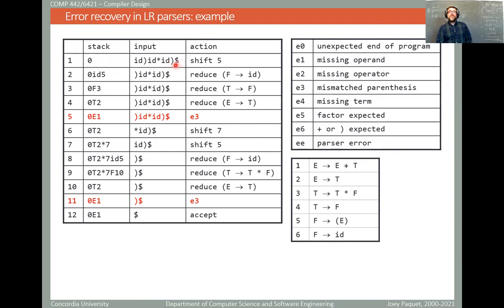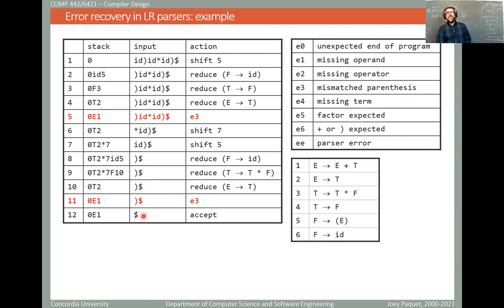Okay, so let's go with this here. So we have the stack here, the input here. You see that there is a problem here, that this open parenthesis here is mismatched. And then there's also another problem here, that you don't have an operation here. So eventually, you're going to find a mismatched parenthesis, and then you're going to skip this, and skip this, and then you're going to go ID times ID, and then of course find here that this is a mismatched parenthesis.